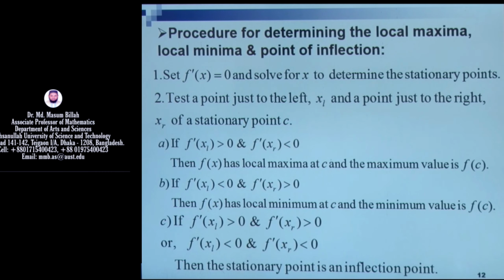And if we get f'(x) greater than 0, increasing, and again increasing, or decreasing and again decreasing, then the function at the point C is a point of inflection. It has neither a maximum nor a minimum value here.